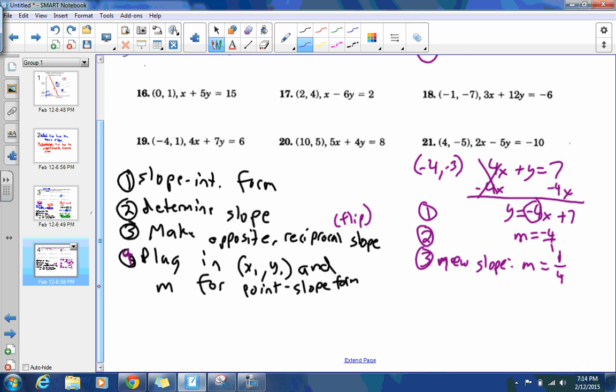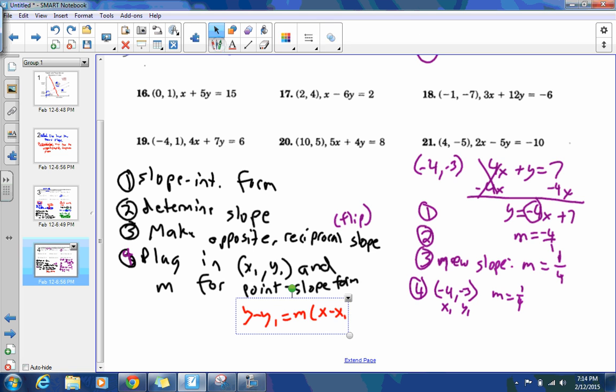And now step 4: you have to take the point -4, -3, which would be your x1 and your y1, and then m equals 1/4, and put them into point-slope form. Point-slope form, as we said before, is y minus y1 equals m times x minus x1.